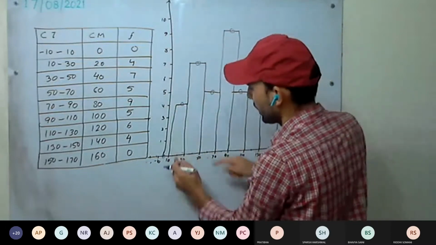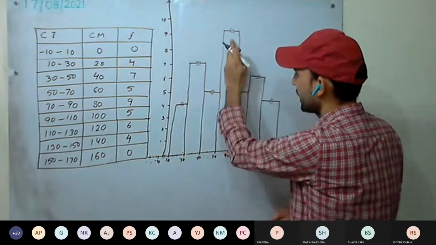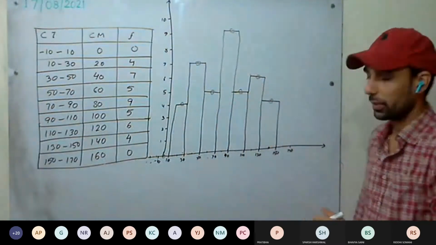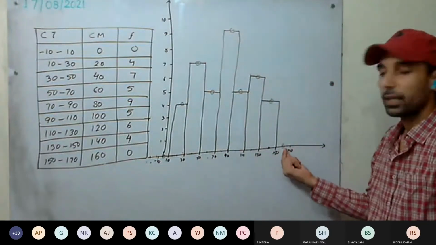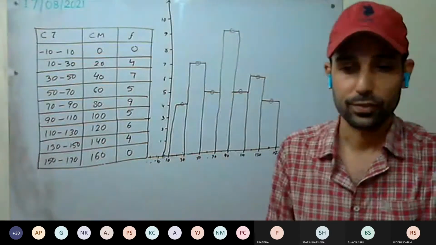So first 0, 20, 40, 60, 80, 100, 120, 140. And the last one is 160, and we have 0 frequency. Now draw the frequency polygon.